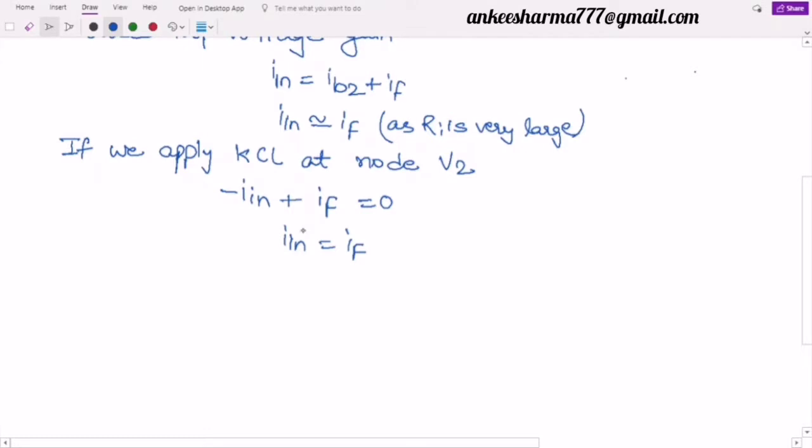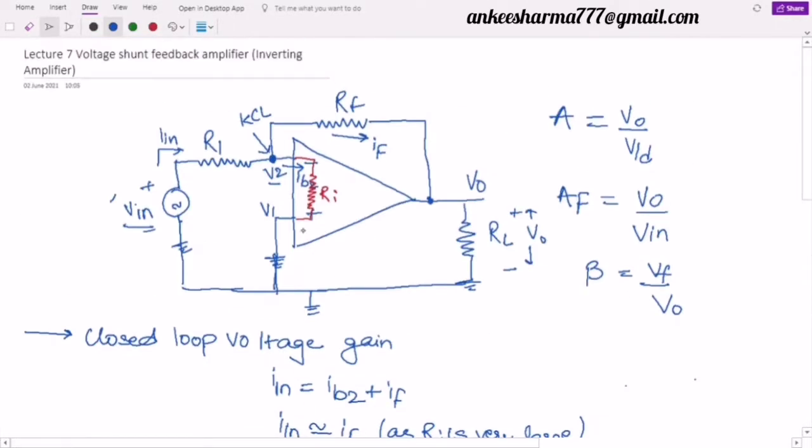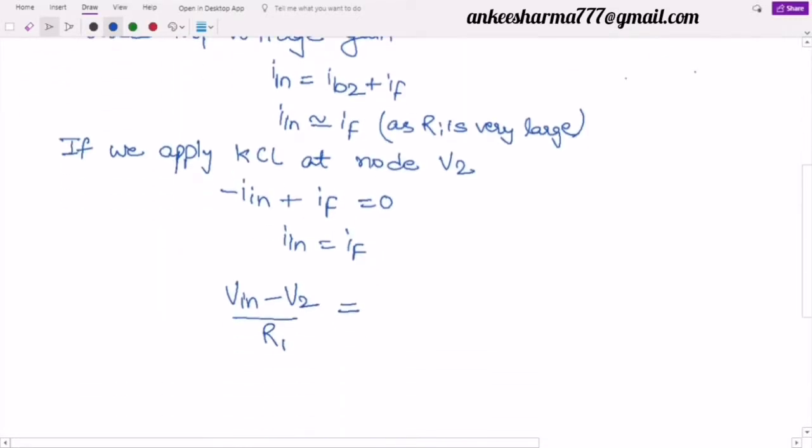And similarly, IF is the current going from V2 to V0. So can I say V2 minus V0 by RF will be my IF? Right? So let this be equation number 1.